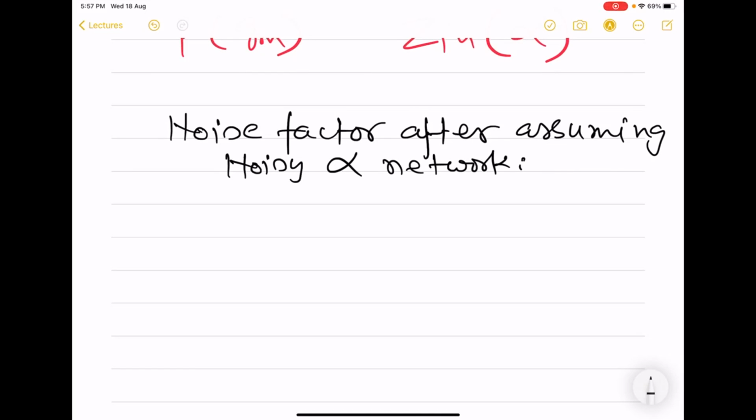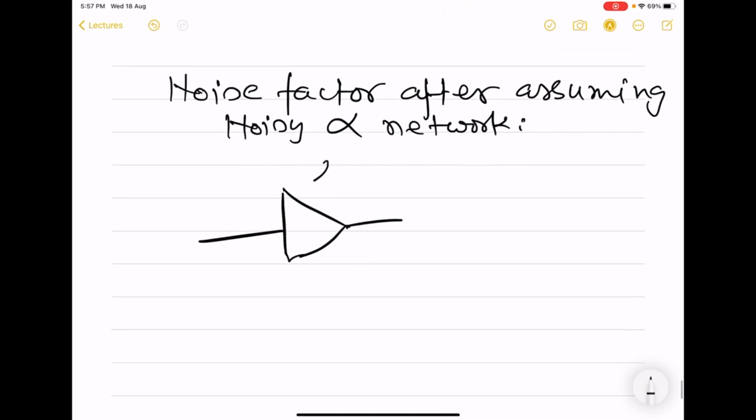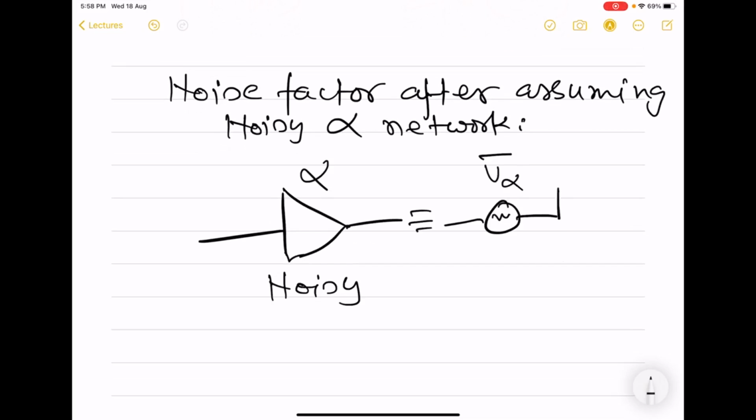So we are going to take a very simple model for this feedback network. So this is noisy, and this we are going to substitute by an input referred noise voltage source. In this case, now this is noiseless.